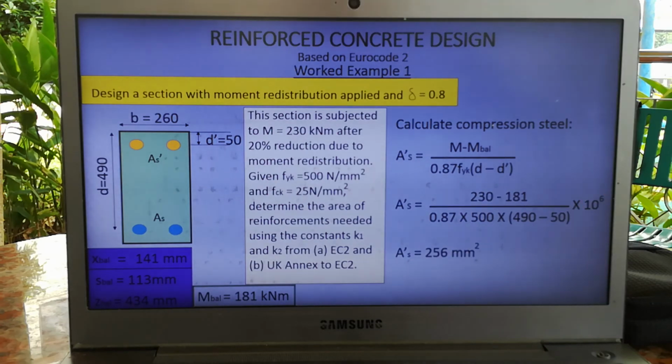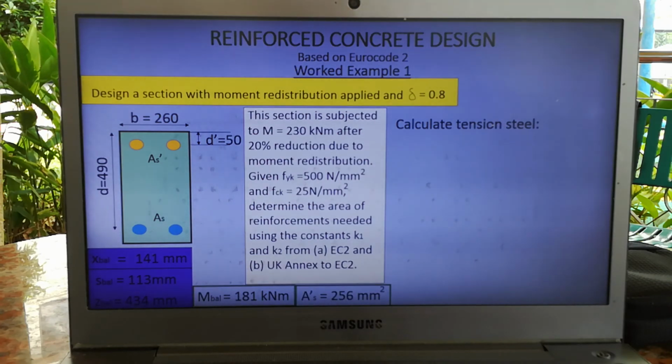The answer is 256 millimeter square. Store the value at the bottom and move on to calculate the tension steel.